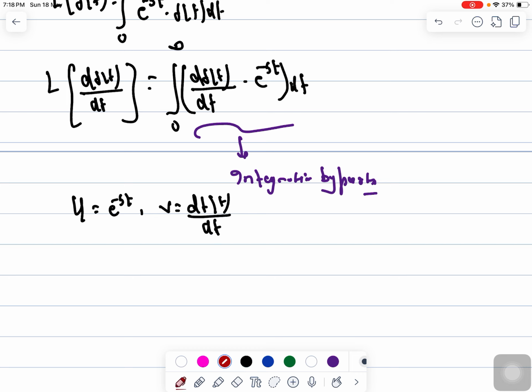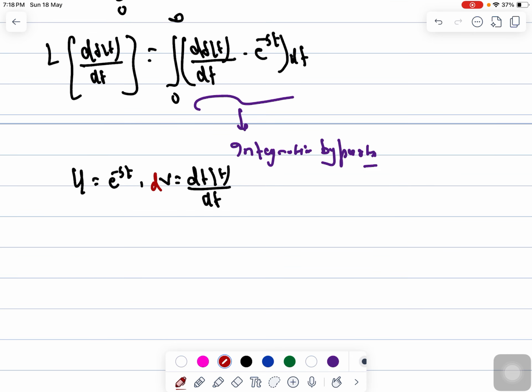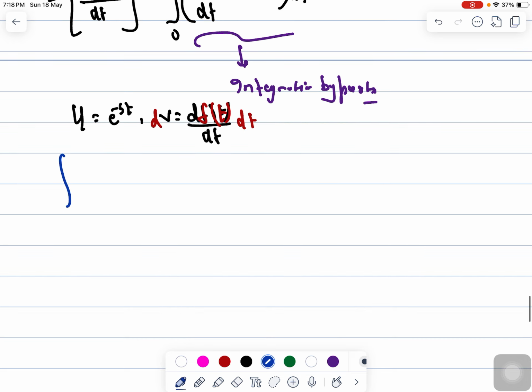Is that clear? So the value of dv will be equal to d f(t) by dt into dt, right? Now if you want to solve this kind of integration, the integral of u dv will be equal to uv minus the integral of v du, right?